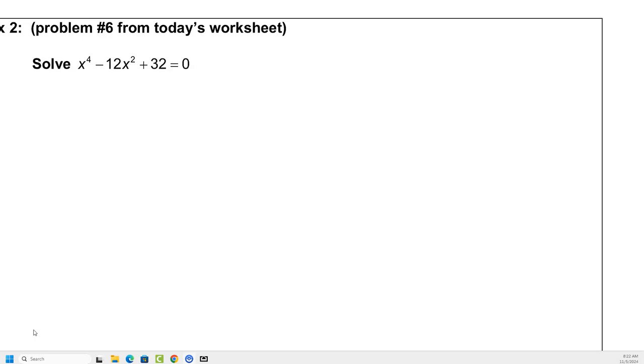Okay, so now this one. On this one, I'm seeing some important things. It says to solve. So the first thing I want to do is set it equal to 0, right? Is it already set equal to 0?